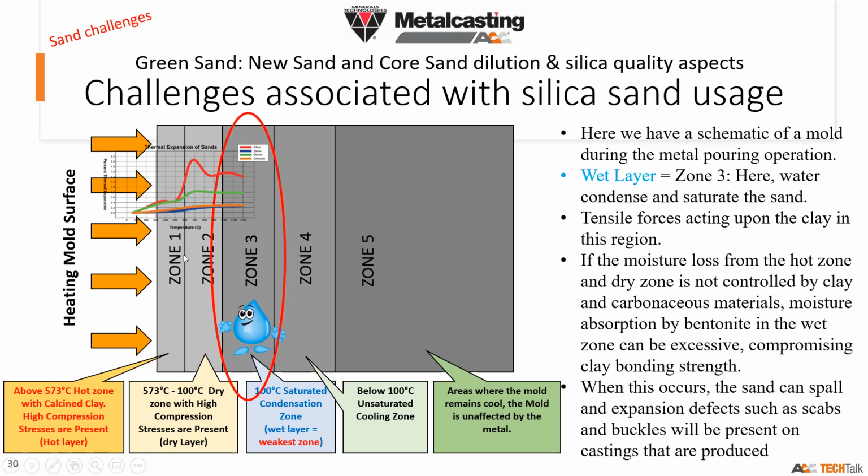It is about a few millimeters, between zone 1 and 3, depending on the type of sand. We'd say between 1 millimeter and 3 millimeters, typically. I wanted to show you that to understand the consequence of sand expansion defect.